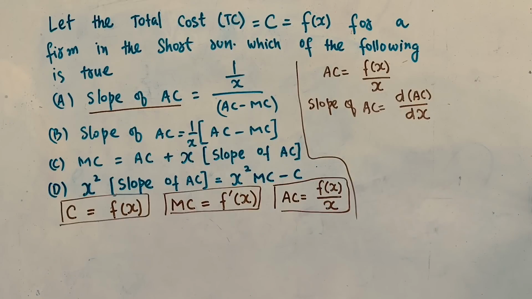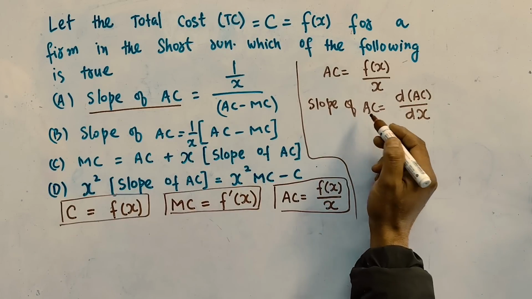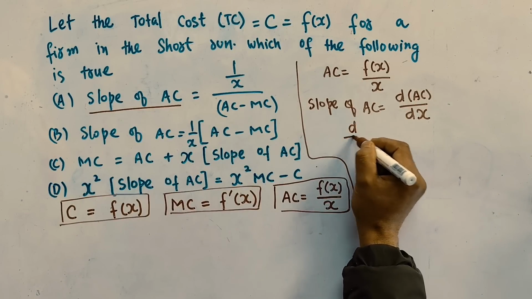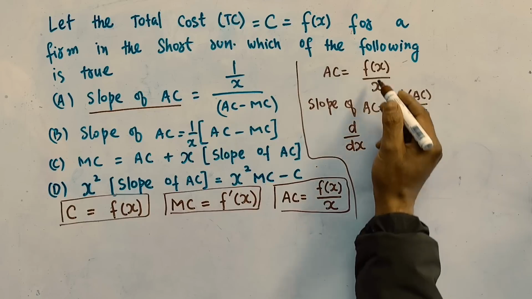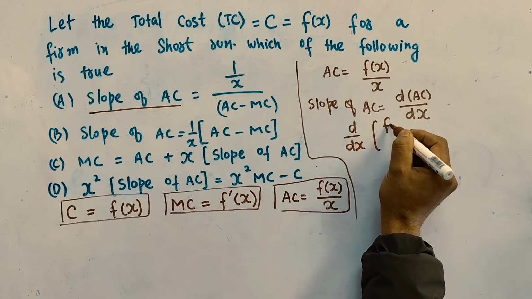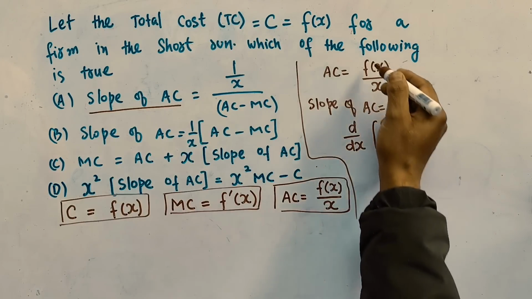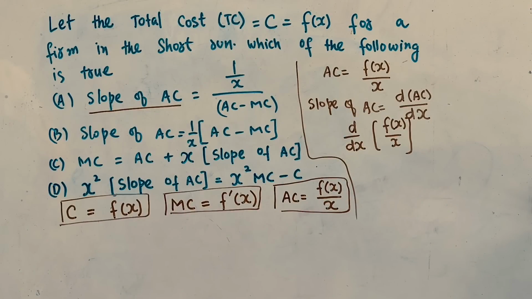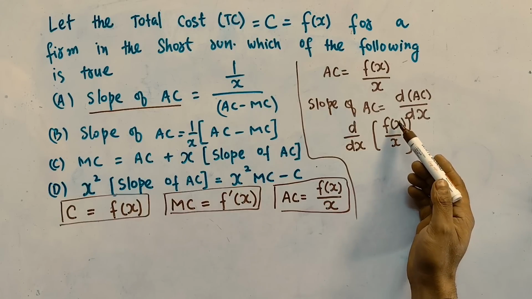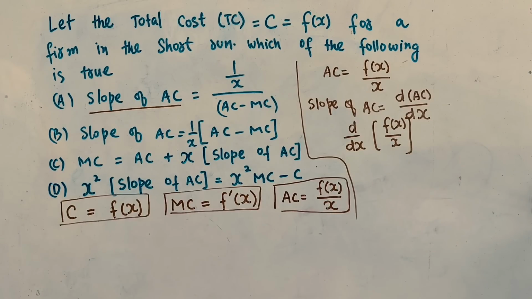That is simply d upon dx of this function, f of x upon x. We need to differentiate this function with respect to x. Now here we have two functions, one in the numerator, another in the denominator, so we apply the quotient rule of differentiation.